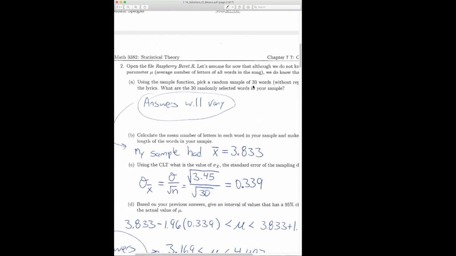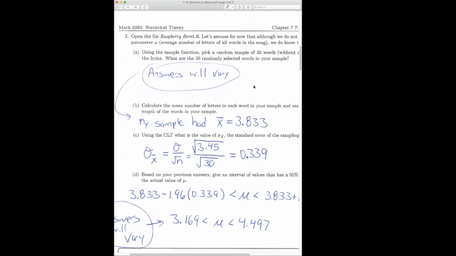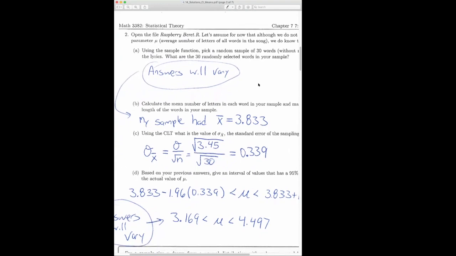What you get for your sample is going to be different. This was based on me getting a sample prior to class of 3.83, right? So that's my sample. If I didn't know what the average length of all the words was, my best guess would be about 3.8 letters, right?